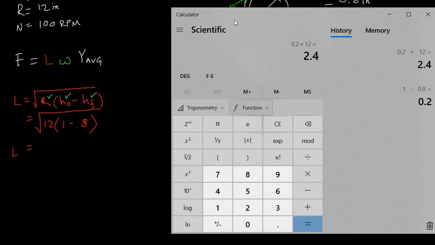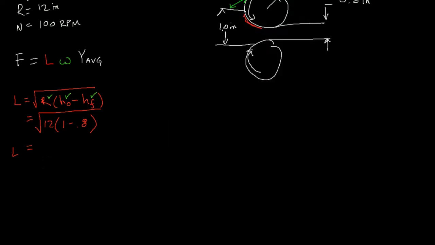So 1.549 inches. And you can see the units work out as well.